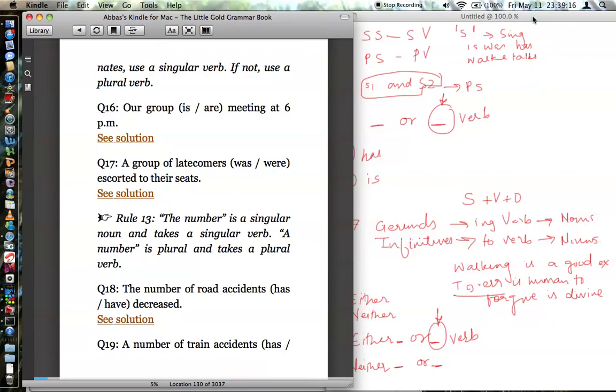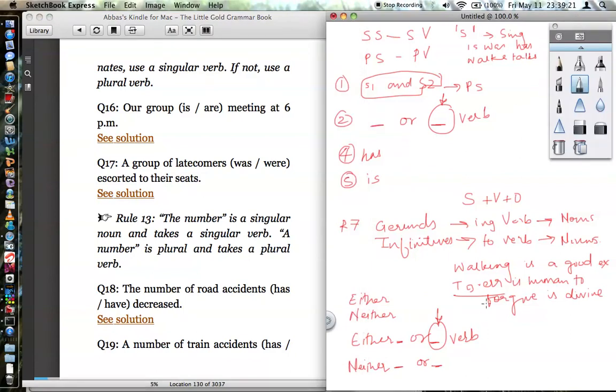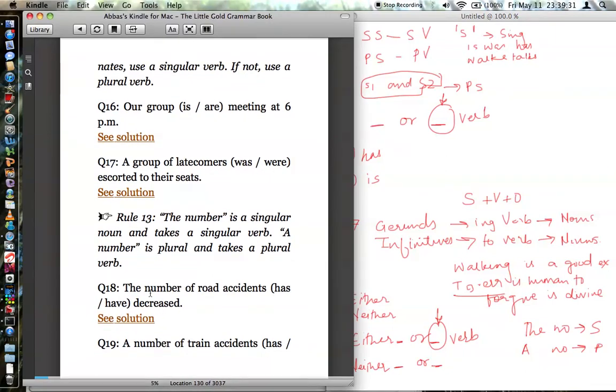And the next rule is the number and a number. So the number is singular, a number is plural. So in question number 18, say the number of road accidents, since it is a singular subject, you say has decreased.